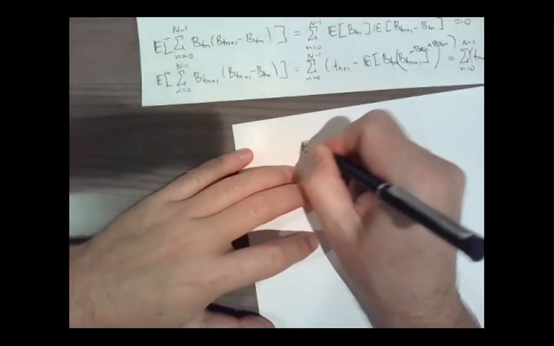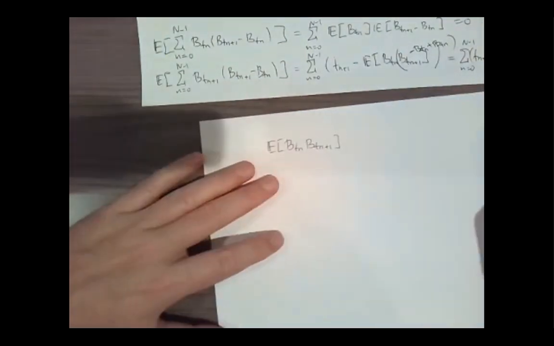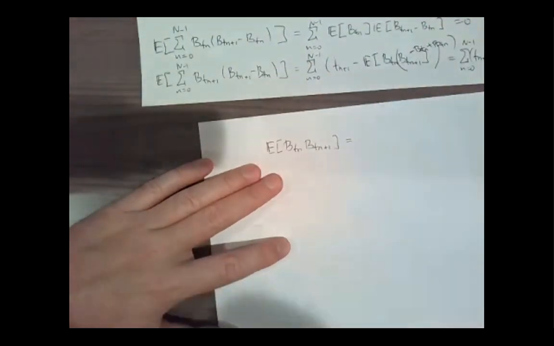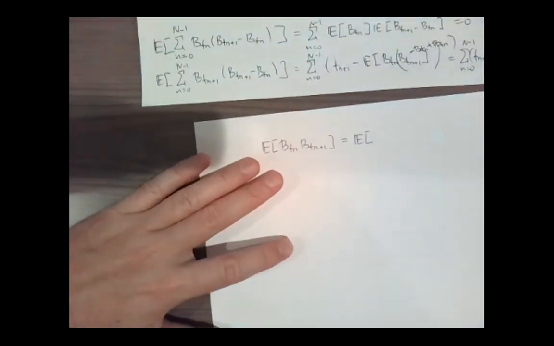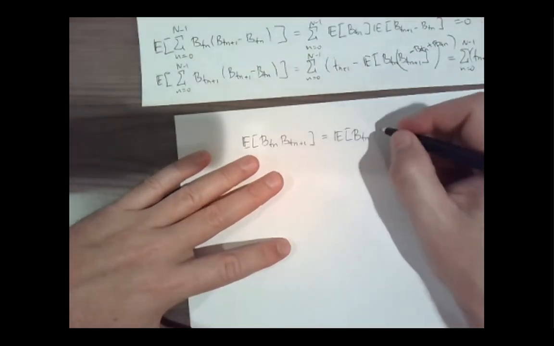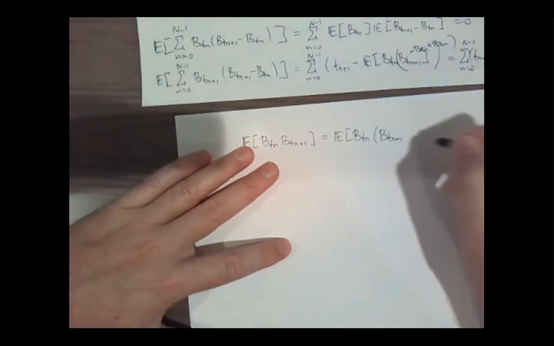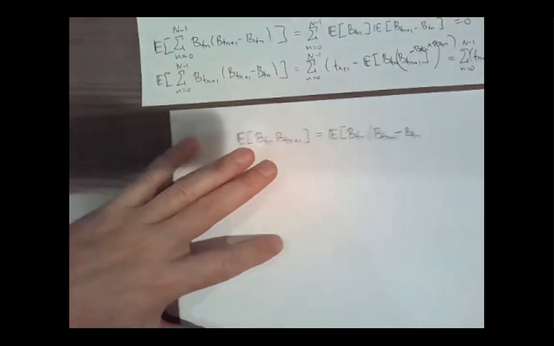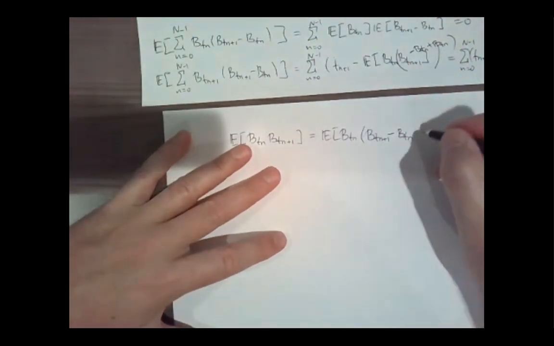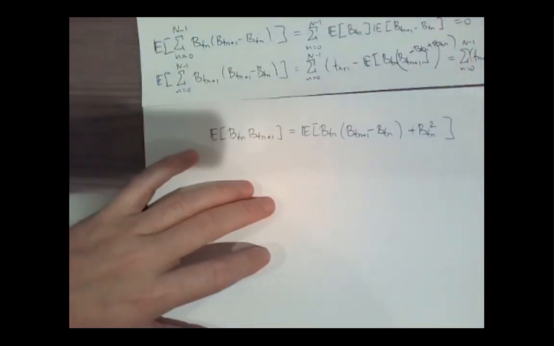Maybe we should fill in a few more steps here. We were interested in computing the expectation of B_{t_n} times B_{t_{n+1}}. That was the goal. The suggestion was, let's try to use the independence. If I want to use the independence, I need to have increments. So if I write B_{t_{n+1}} here, I need an increment, so that will be minus B_{t_n}. But now the equality sign is not true, so I need to add the missing term, B_{t_n} squared.